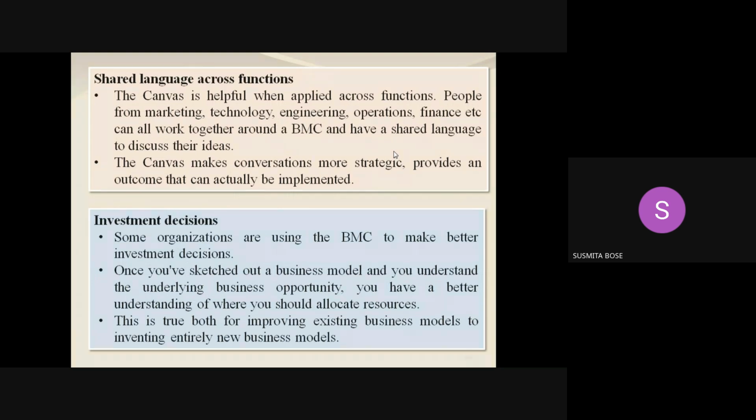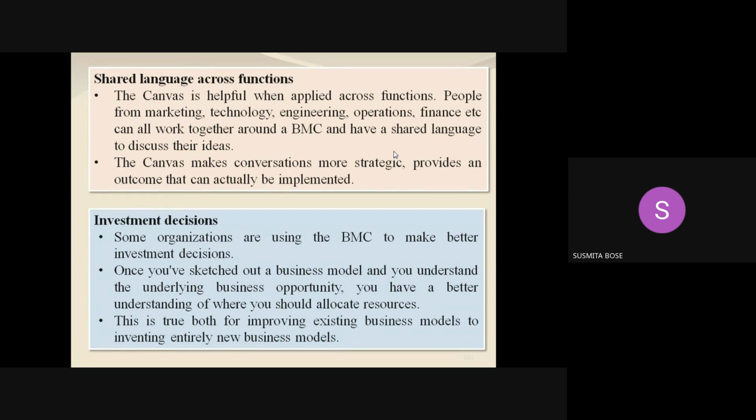The canvas is helpful when applied across the functions, various departments of the organizations. People from marketing, technology, engineering, operations, finance, there are so many segments, so many departments in the organizations. They can all work together around a BMC and have a shared language, shared opinion to discuss.